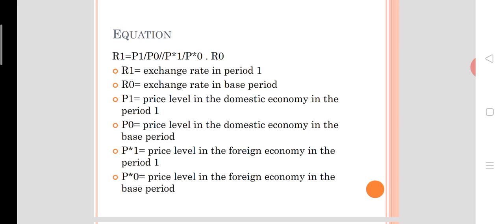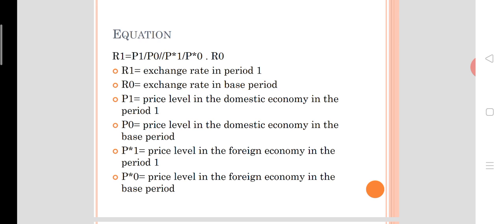Here R1 is the exchange rate in period 1, that is, the changed or new exchange rate. R0 refers to the exchange rate in the base period. P1 is the price level in the domestic economy in period 1, and P0 is the price level in the domestic economy in the base period.